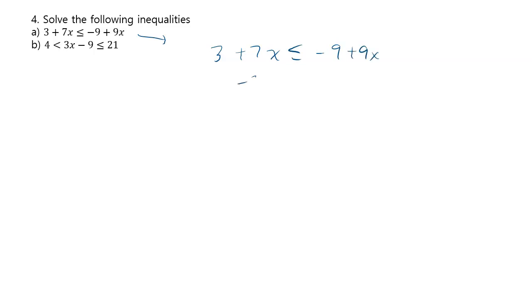You would subtract 7x both sides and add 9 both sides. 3 plus 9 is 12. Still inequality, and then negative 9 plus 9 cancel, so it's gone. 7x minus 7x, that's gone, so you only have 12 on this side. 9x minus 7x, that's 2x, right?